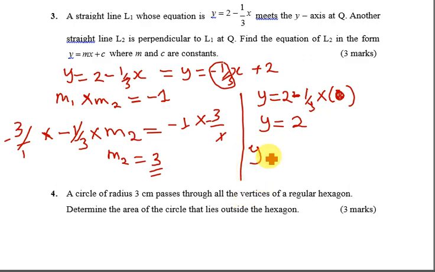So y will be equal to, remember we got the gradient as 3, so it will be 3x plus c. Already we know the value of y at this point Q, so it will be 2 equals 3x plus c.